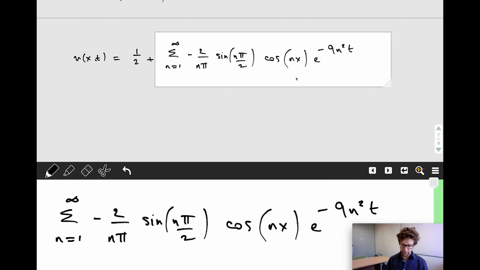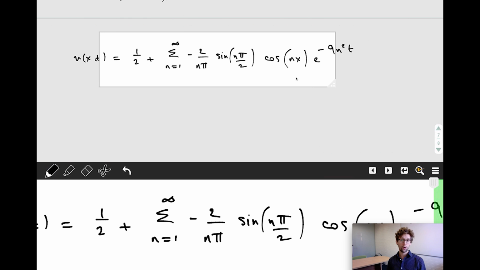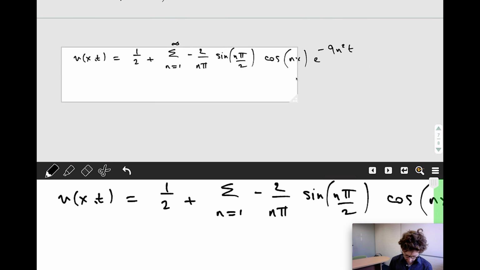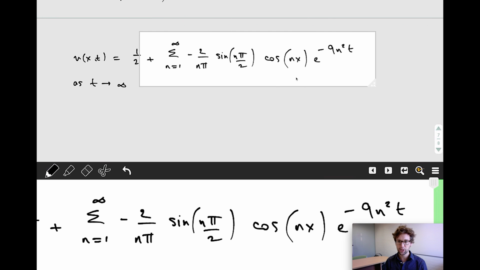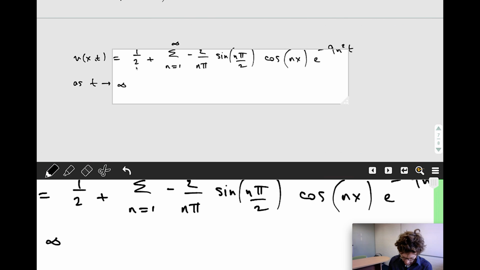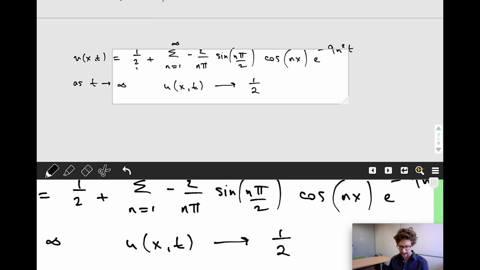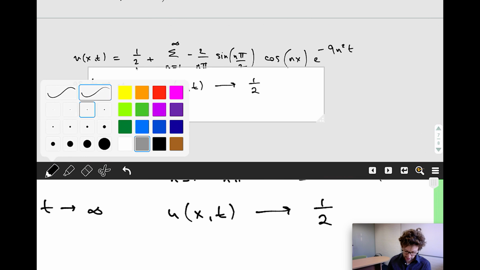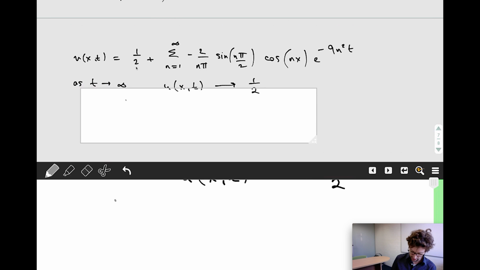So now we can look at what happens to this thing as time goes to infinity. We see that this exponential here is going to cause all of those terms to decay away to 0. So all of those will be 0, but this term here, a half, is going to live on because it doesn't depend upon t. So we see that the temperature distribution, as t goes to infinity, is going to approach a half, which we see is actually just the average of the initial temperature distribution.